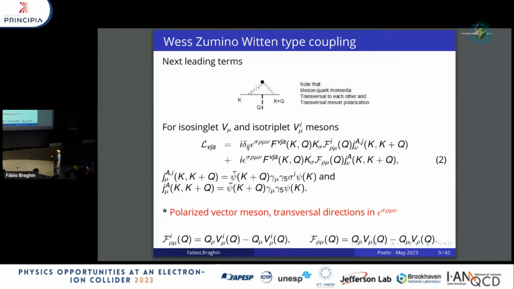So this constrains both the momenta of the quark and the direction of the momenta of the meson. Besides that, the polarization of the vector meson is also constrained. They are all transversal quantities. And then this sort of form factor, I'll show a little bit of it in the next slide. It depends on the incoming quark or incoming antiquark, and on the incoming meson momentum Q.